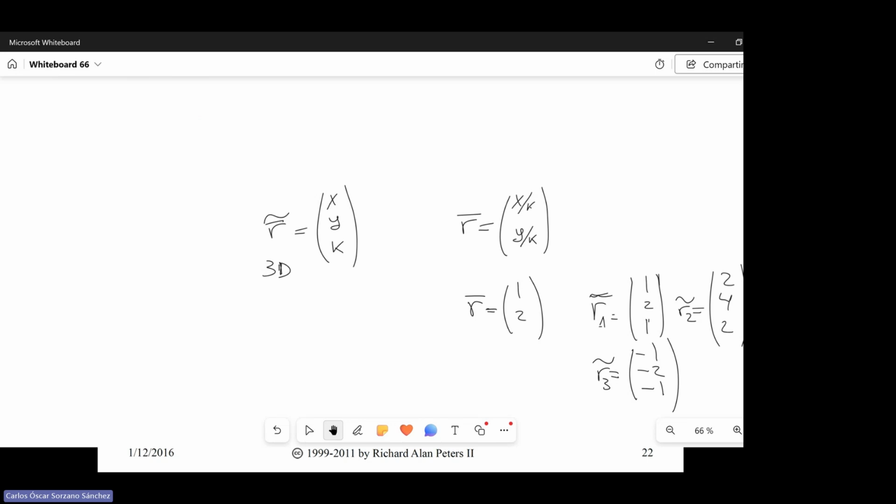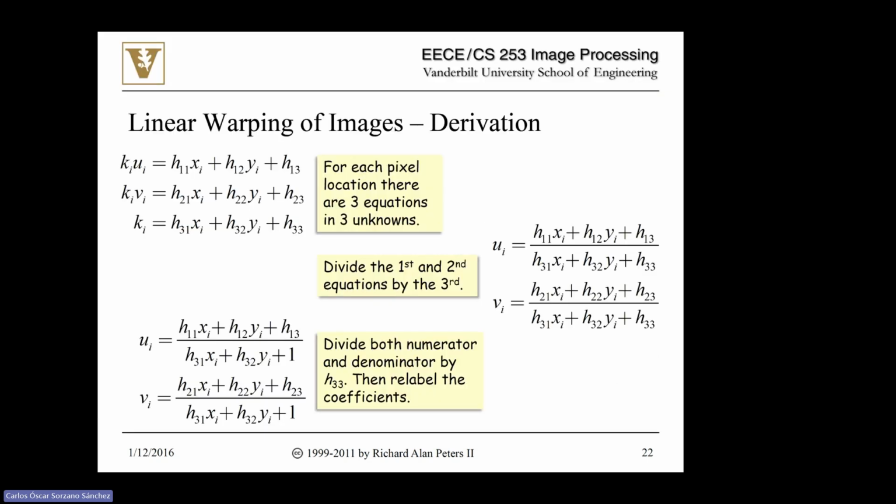So let's try to fix these infinite solutions so that we have only one solution. The way to do that is to fix H33. So we fix it to 1, and we keep on doing.